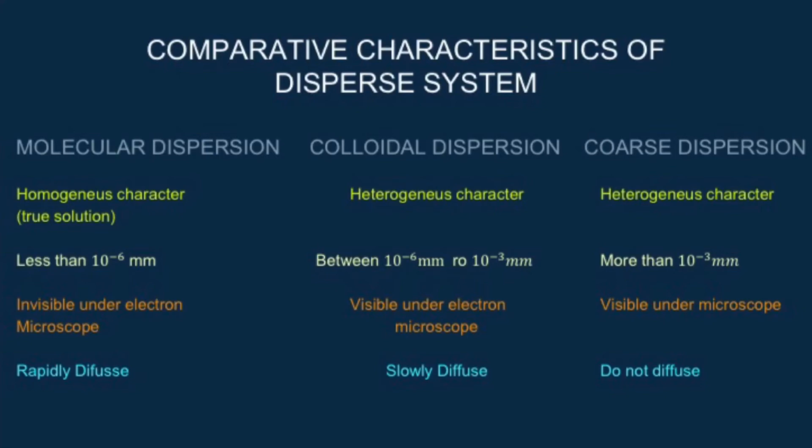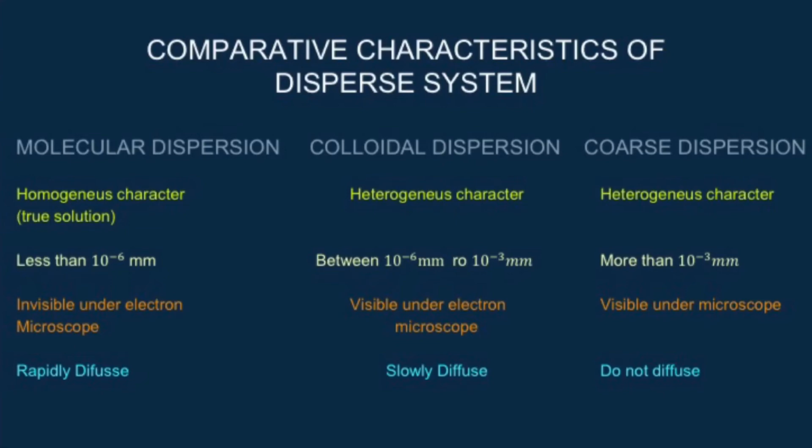Second, on the basis of size. Molecular dispersions have size less than 10 to the power minus 6 mm, or we can say 1 nanometer. Colloidal dispersions have size between 10 to the power minus 6 mm to 10 to the power minus 3 mm.